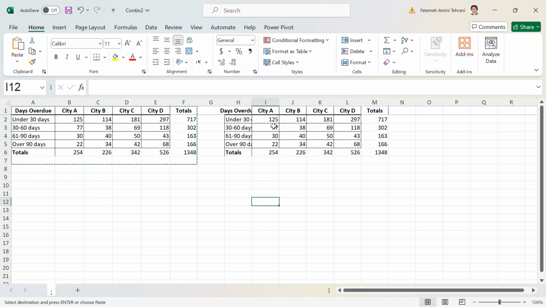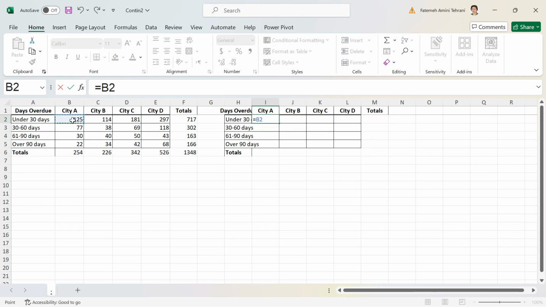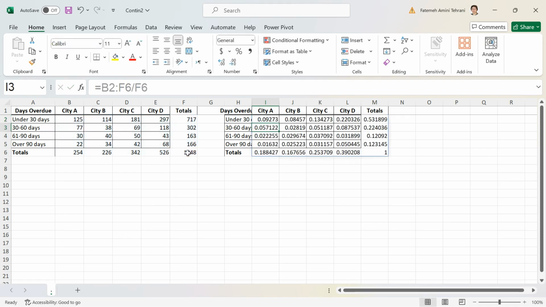To find the joint probability, I'm going to delete the numbers in the table. Here I'm going to type the formula to divide all the numbers in the table by 1348 and then enter. Look at here. Now I have a joint probability for this contingency table.